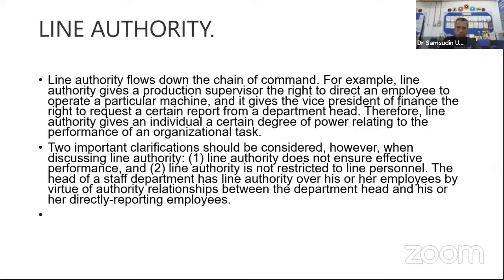Two important clarifications should be considered when discussing line authority. Line authority does not always ensure effectiveness, and line authority is not restricted to line personnel. The head of a staff department has line authority over his or her employees by virtue of the authority relationship with the head. These are directly reporting employees.